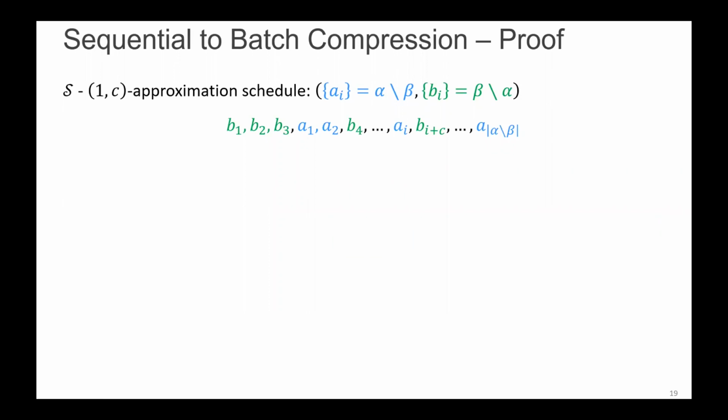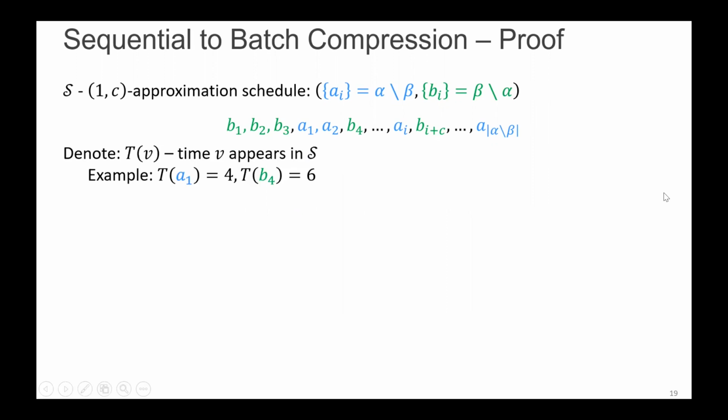What we're given here is a sequential reconfiguration schedule. Now we enumerate the elements in the schedule. All the elements of beta that we add, we enumerate as B1, B2, B3, B4, in the order in which they appear in the schedule. And we do the same for the elements of alpha that we remove from the vertex cover. Note that the numbers are just within beta and within alpha.